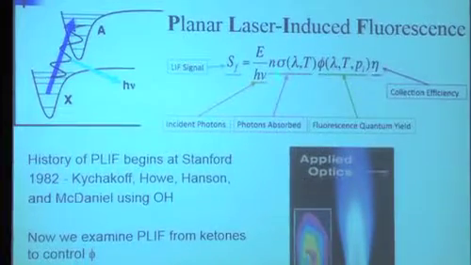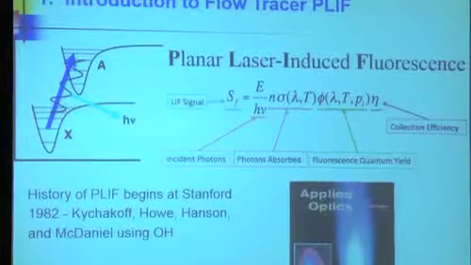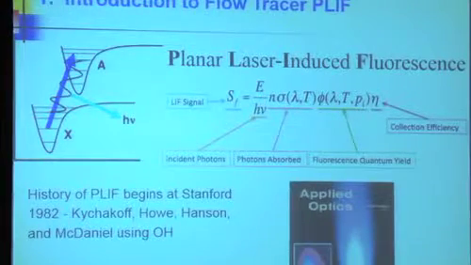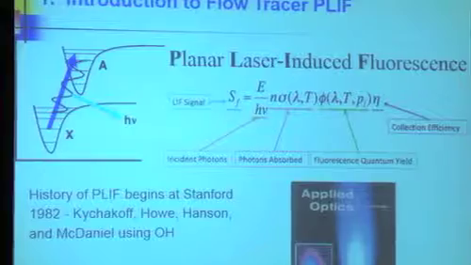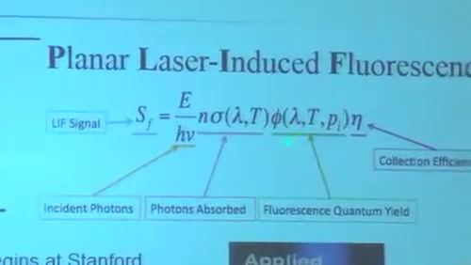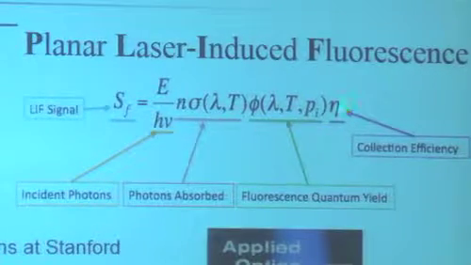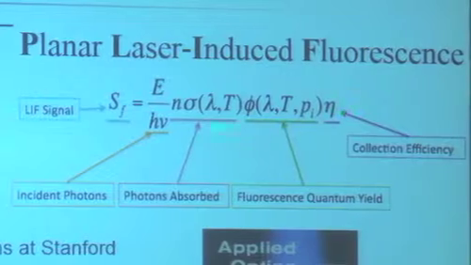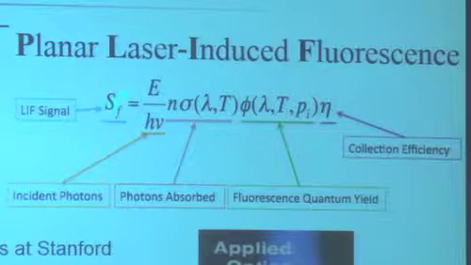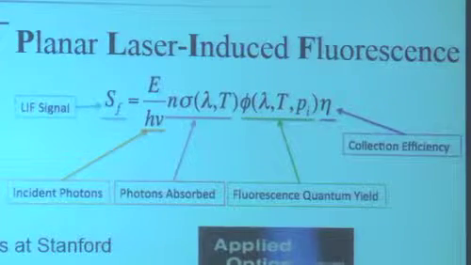Then the number density and the cross section of absorption, for which I'm going to use sigma. So the energy divided by h nu times n times sigma is the photons absorbed. Phi is the photons emitted, or quantum yield, and then eta is the fractional collection. So photons collected is always photons in, fraction absorbed, fraction re-emitted, fraction collected. Think of it that way.